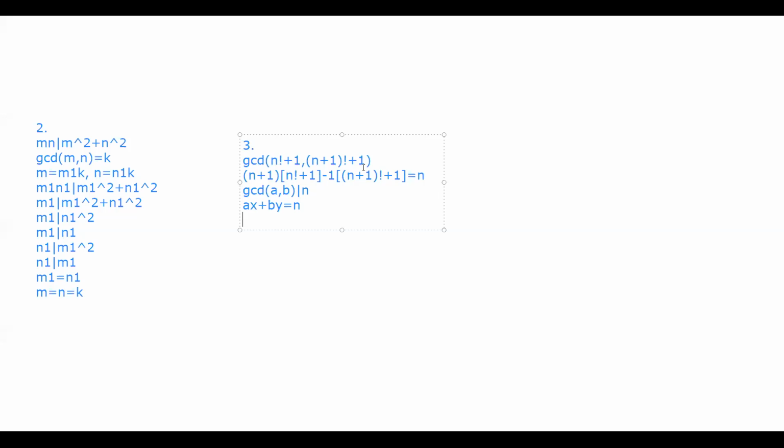So now we want to prove that the GCD of this and this is equal to what? 1. Correct. And we also know that GCD of n plus 1 and 1 is 1.